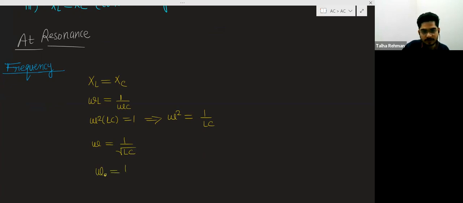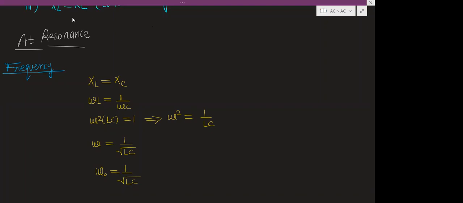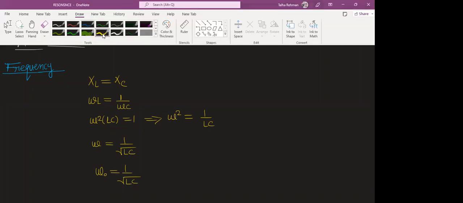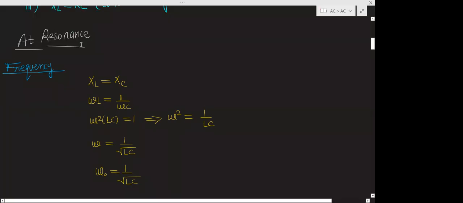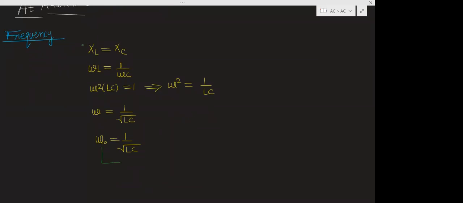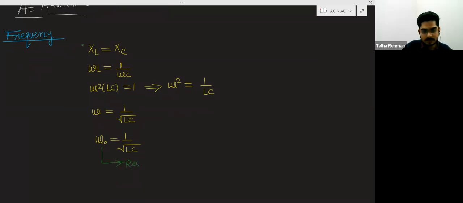Omega naught is the angular frequency at resonance, and this is known as the resonant angular frequency.